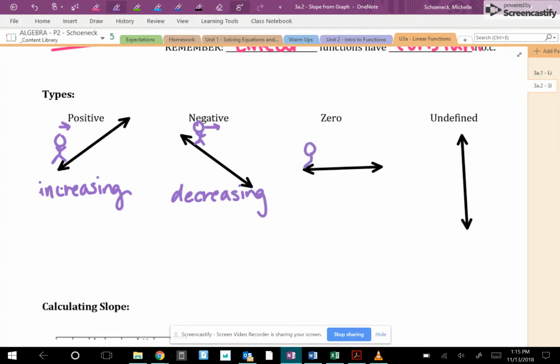If he is walking flat across, that is a slope of 0, or what we were thinking of as a constant interval. Or he is falling off a cliff, and that is undefined, and that's when we have a vertical line.